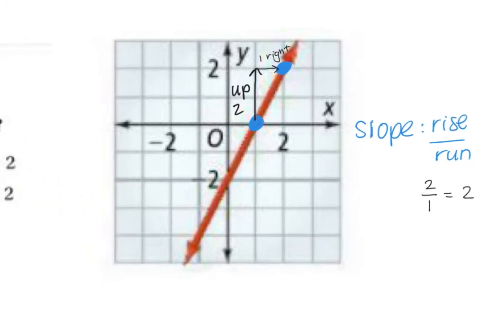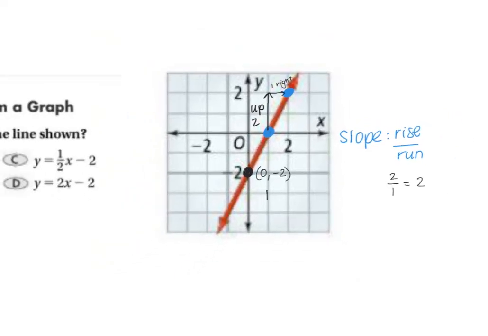So we found out our slope. What's our y-intercept? How did you get that, Roy? Good. It's wherever the red graph, or our graph, crosses the y-axis. And it's at this point right here. When x is 0, y is negative 2. So our b is negative 2. Our y-intercept is negative 2.